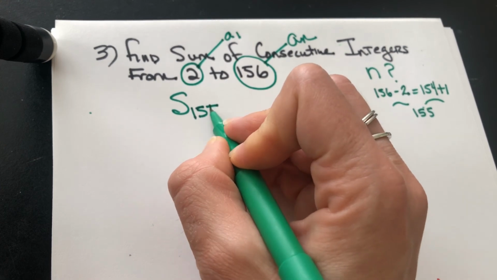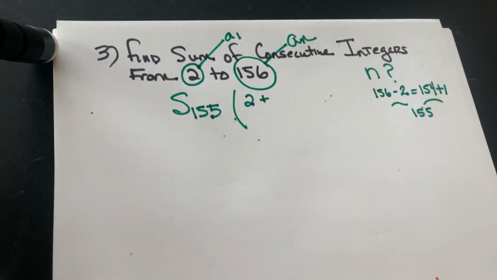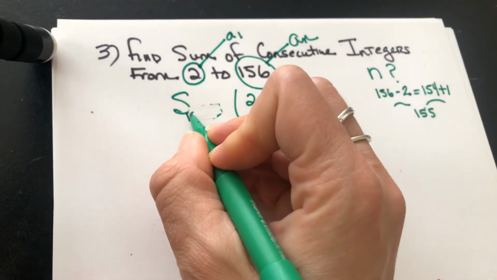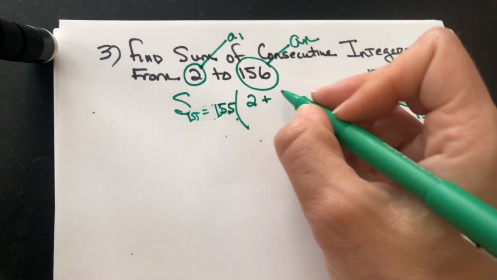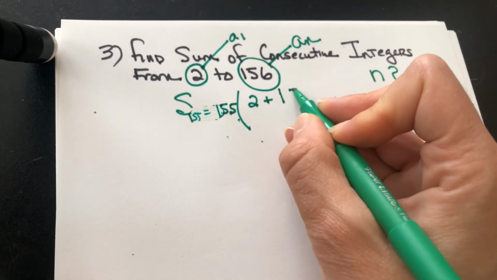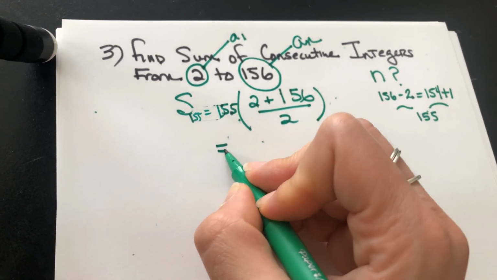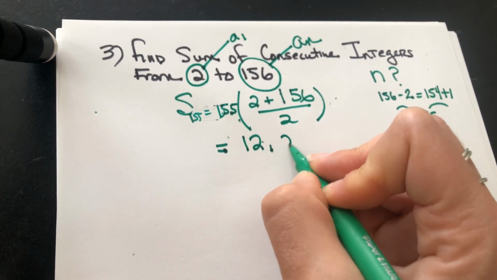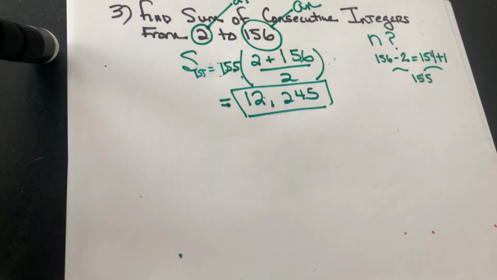So we have 155 terms, first term plus last term over 2. You put that all on your calculator, and here's what you should get: 12,245. Last one of these, and then you guys have it down.